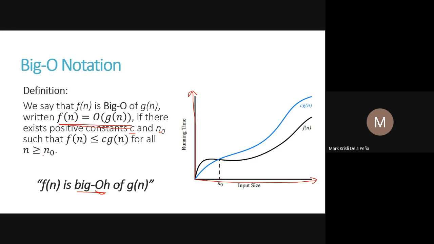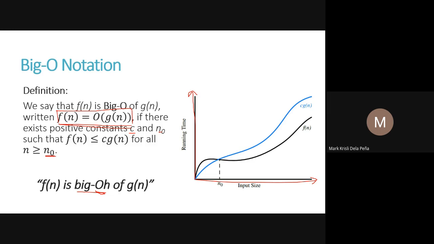We call n sub 0 the initial value or the reference value. This definition is referred to as the big O notation. We read this as f of n is big O of g of n, and we write it in this form.